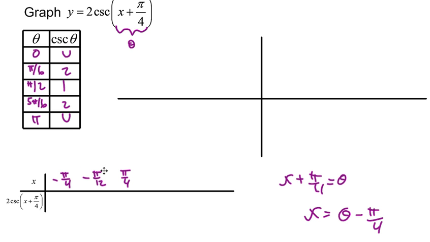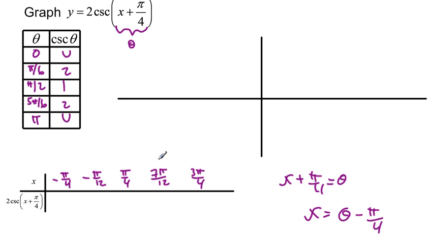You can pause the video and work these out yourself first to make sure you're getting them, and not just take my word for it. 5 pi over 6 minus pi over 4 is 7 pi over 12. And lastly, pi minus pi over 4 is 3 pi over 4.